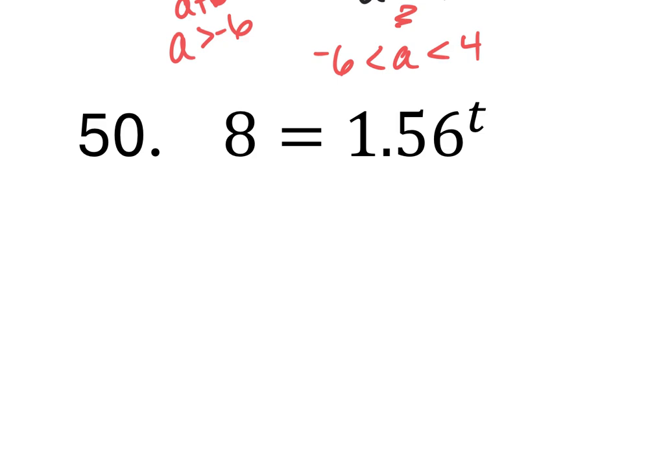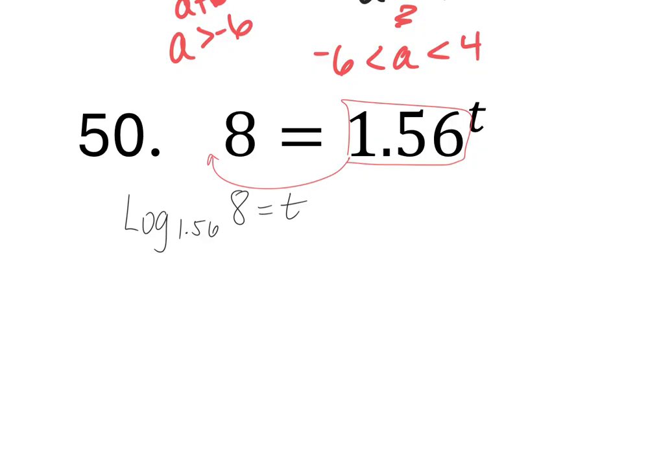Number 50, exponential equations. Okay, we can do the log of both sides. We're going to rewrite this one as a log first. So the base of my power becomes the base of the log. So log base 1.56 of 8 equals t. And then we use the change of base formula.